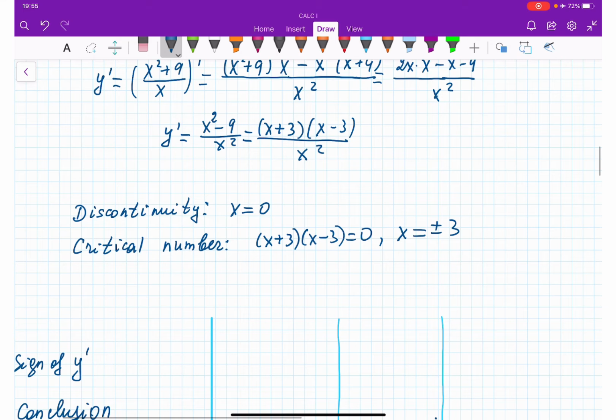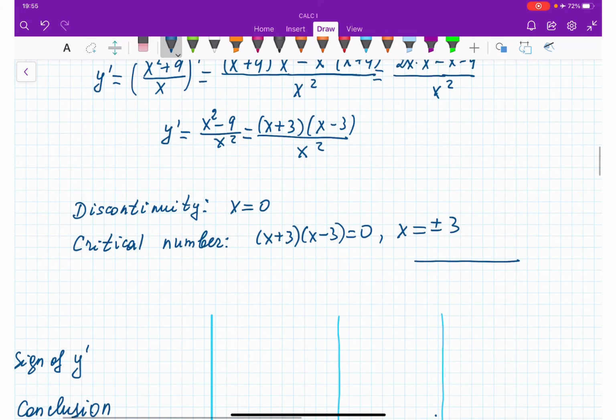So if I draw on the line, it's breaking down between negative 3, 0, and positive 3. So we are going to get 4 intervals: from negative infinity to negative 3, between negative 3 and 0, 0 and positive 3, and 3 and positive infinity.